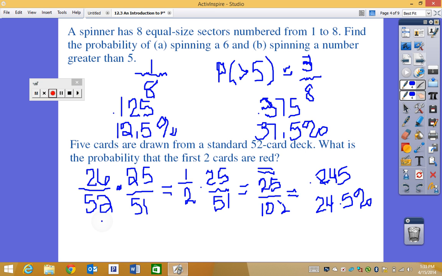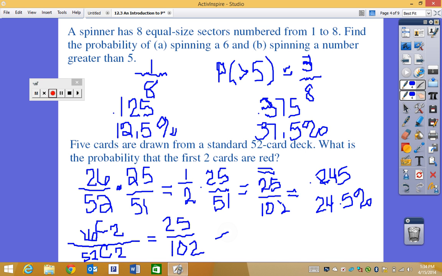So I would take the combination: there are 26 red cards and I'm going to pick 2 of them, divided by the total, which is 52 cards in a deck, and I'm picking 2 of them. I can use my calculator to do those. It does come out to be 25 over 102, the exact same thing that I get here, which is 0.245 or 24.5%.